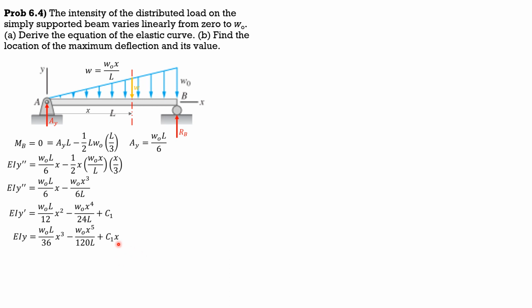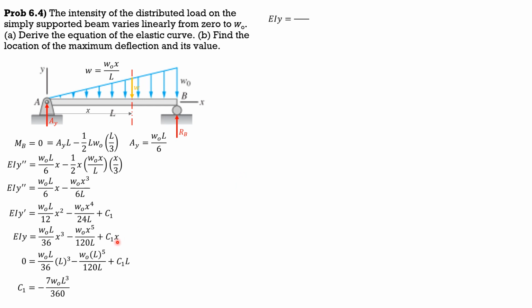So let's evaluate C sub 1. Set the boundary condition: when x is L, y is also 0. So 0 is WOL over 36 times L cubed minus WOL to the 5th over 120L plus C sub 1 times L. Therefore, C sub 1 is WOL to the 5th over 120 minus WO L to the 4th over 36, divided by L. So C sub 1 is equal to negative 7 WO L cubed over 360.